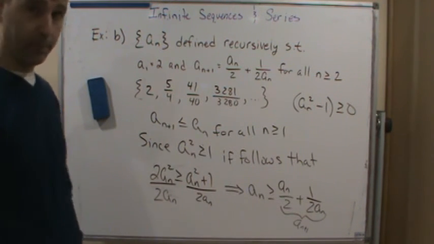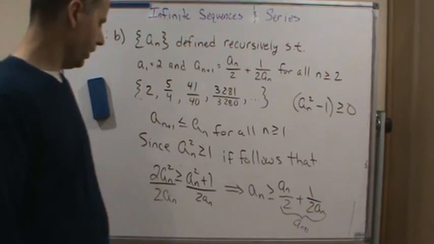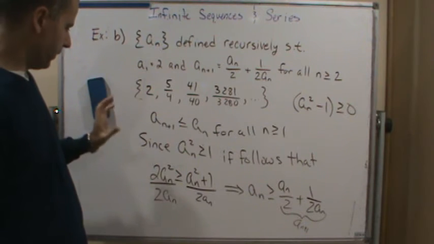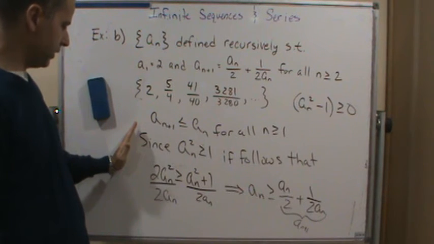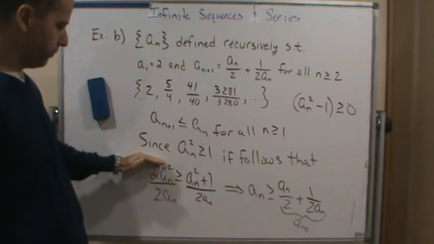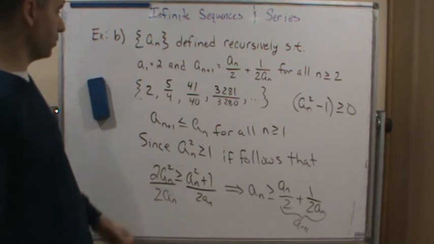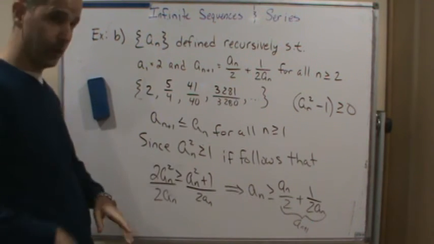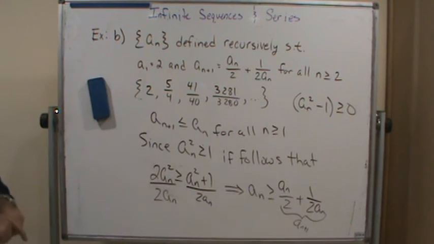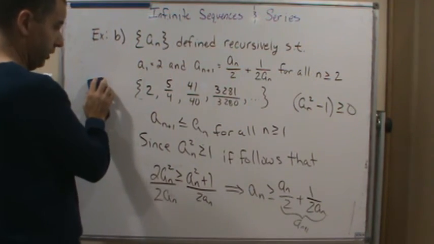And so therefore, by the monotone convergence theorem, because this is a decreasing sequence and it's bounded from below, in this case by 1, the sequence converges. Okay, now the next step is figuring out what it converges to. So now that's going to be interesting.